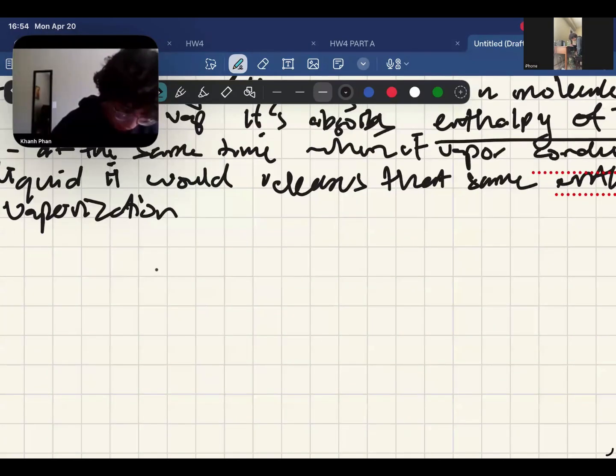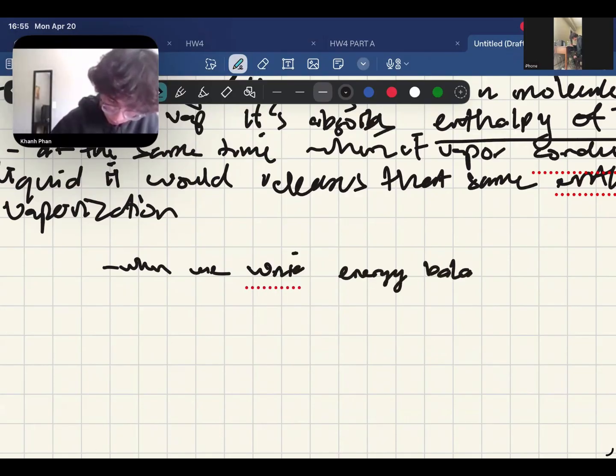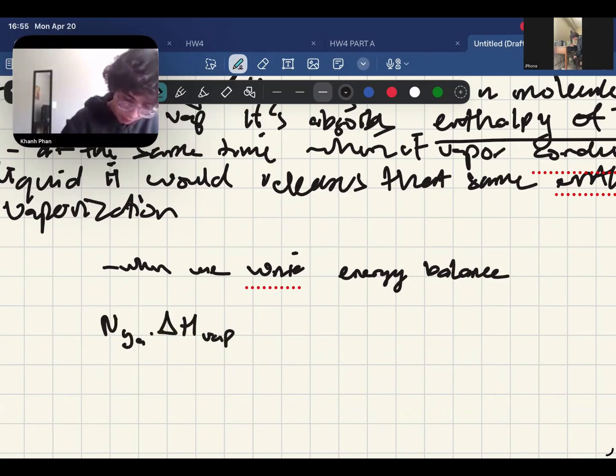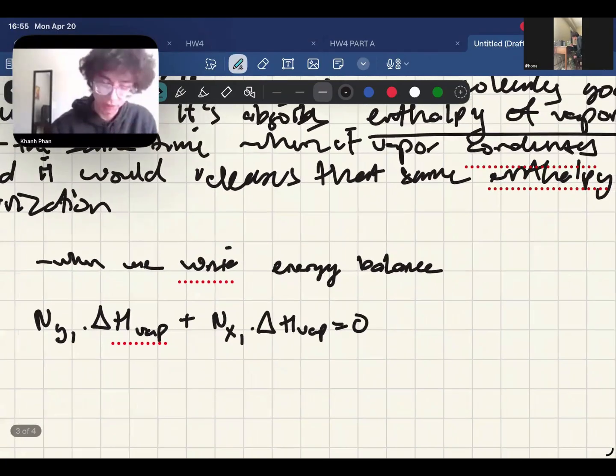When we write the energy balance, we would have N_Y1 times the enthalpy of vaporization plus N_X1 times H_vap equal to 0.